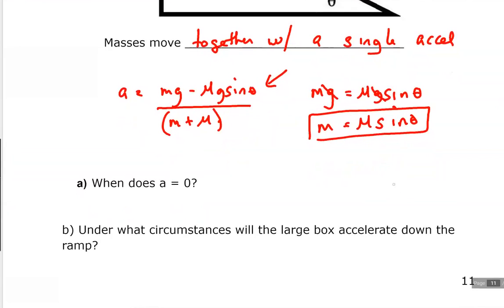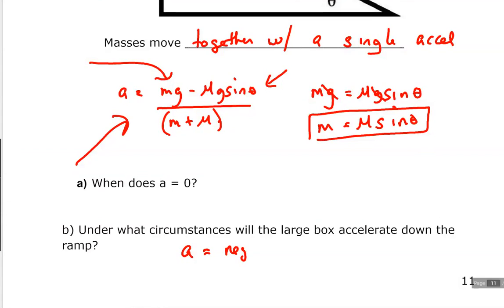Under what circumstances will the large box accelerate down the ramp? Well, since we called up the ramp positive, down the ramp would be negative, when the acceleration is negative. So let's look at the equation again, which is right here. When is the acceleration negative? When the numerator is negative, then the acceleration is negative.